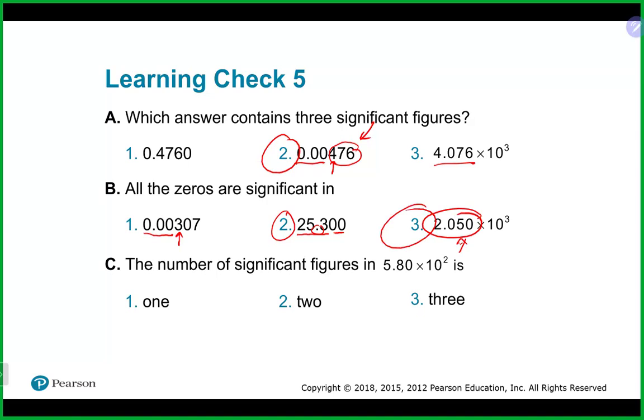Because it is written in scientific notation, which means all those zeros right there are going to be significant because it's before the times 10 part. Question on that one? Remember again, written in scientific notation, that is where we assign our significant figures based on how it's written, yeah? Number of significant figures in 5.8 times 10 to the 2 is? Sounds good. All those numbers before the times 10 part. Looks like a winner. Any questions on that there?